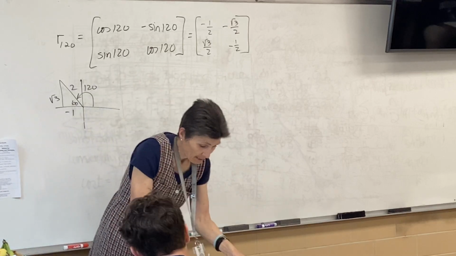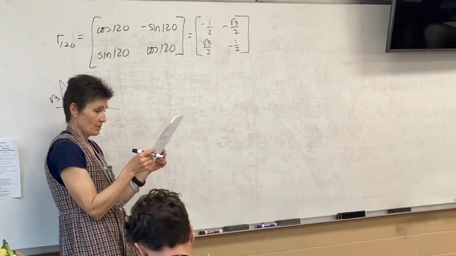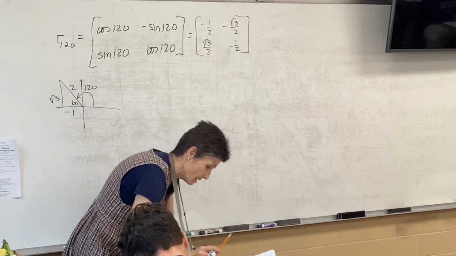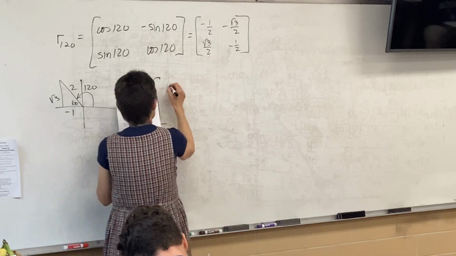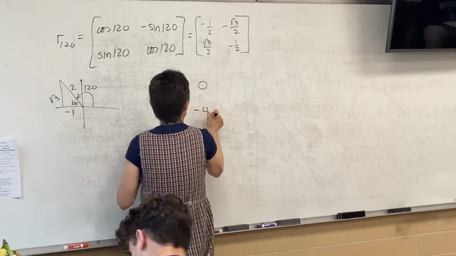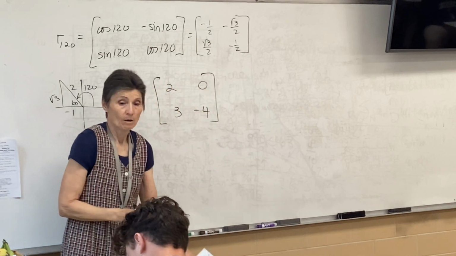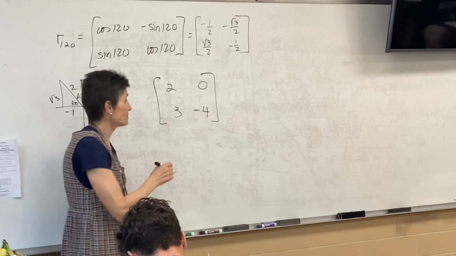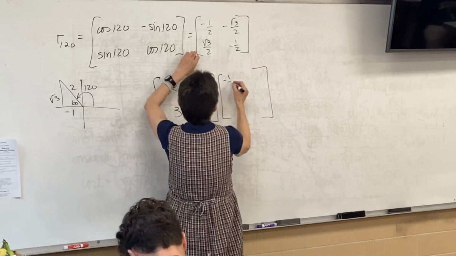So I'm going to take my matrix. What am I doing? This is matrix C. So I'm going to take my matrix, which is 2, 0, 3, negative 4. And what am I going to do with it? Multiply it times my transformation.